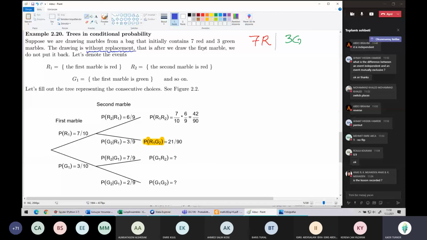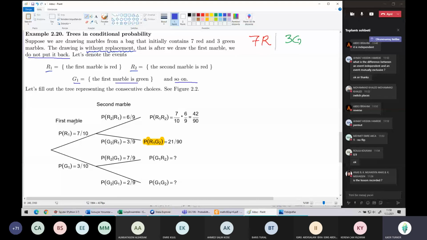That is, after we draw the first marble, we don't put it back. Let's say that R1 means the first marble is red, R2 means the second marble is red, G1 means the first marble is green, and so on. Let's fill out the 3 representing the consecutive choices.